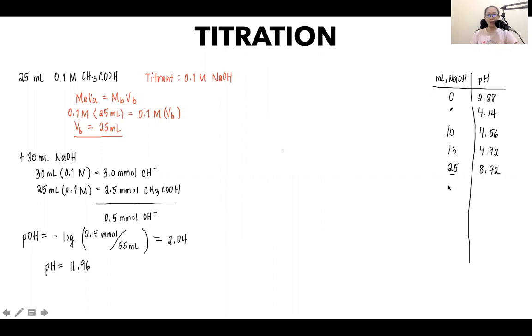So let's write that down in our table. So a total of 30 mL of titrant gives a solution with pH 11.96. So now we are ready to plot our titration curve.